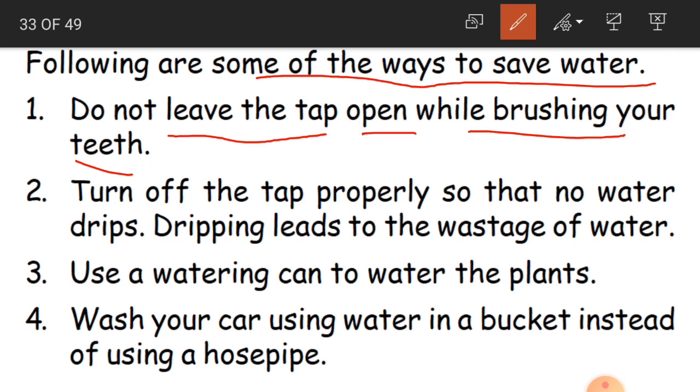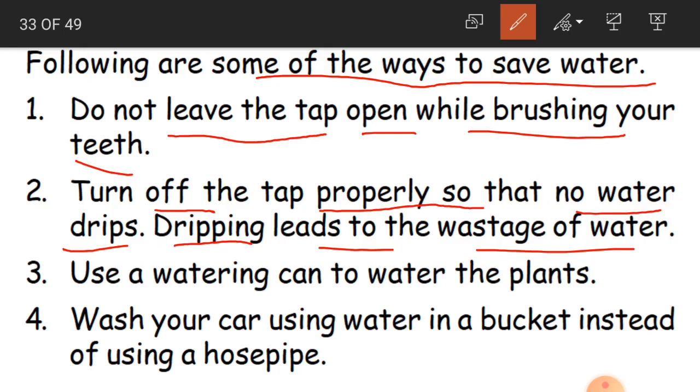Clear, children? And the other one is, turn off the tap properly so that no water drips. Dripping leads to the wastage of water. Sometimes we close the tap, but again you can see small drops of water leaking from the tap, slowly one by one.